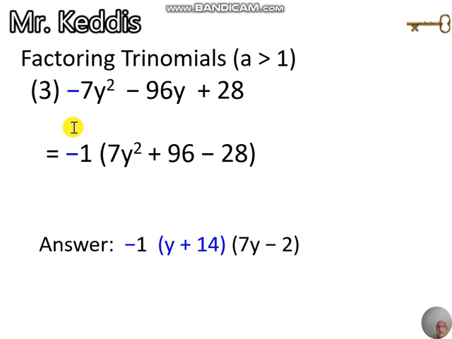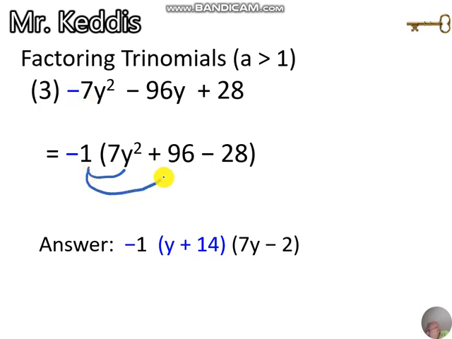For the last one, number 3, you have the same problem, but the 7y squared has the negative sign here. I have to get rid of this negative sign. To do that, I have to take negative 1 as a common factor. Negative 1 times 7y squared, I get negative 7y squared.